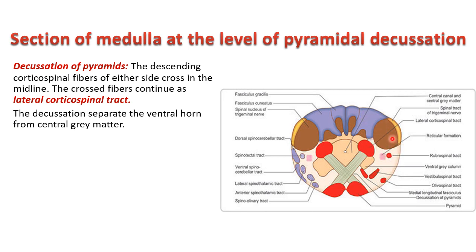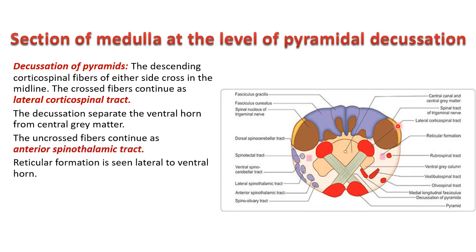This is the spinal nucleus and spinal tract of the trigeminal nerve. Then the reticular formation you are able to see here lateral to the ventral horn, which consists of your medial and lateral reticular nucleus.